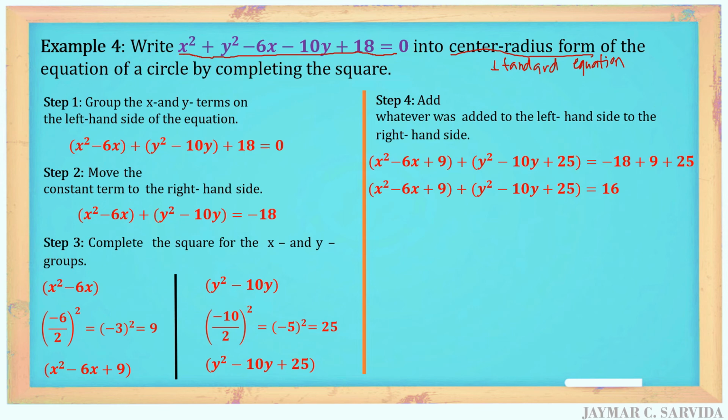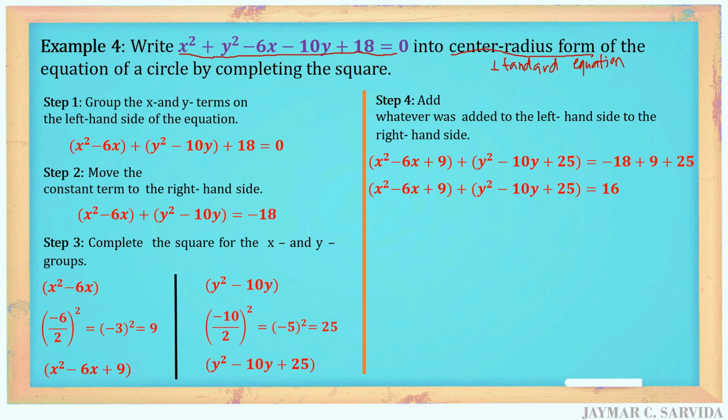The next is, write it now in the form of yung ating center radius form na quantity of x minus h squared plus quantity of y minus k squared equals r squared. And identify the values of h and k of the center of the circle and r for radius.